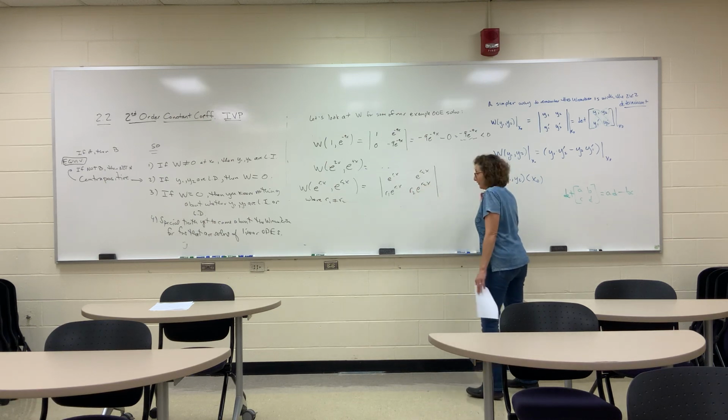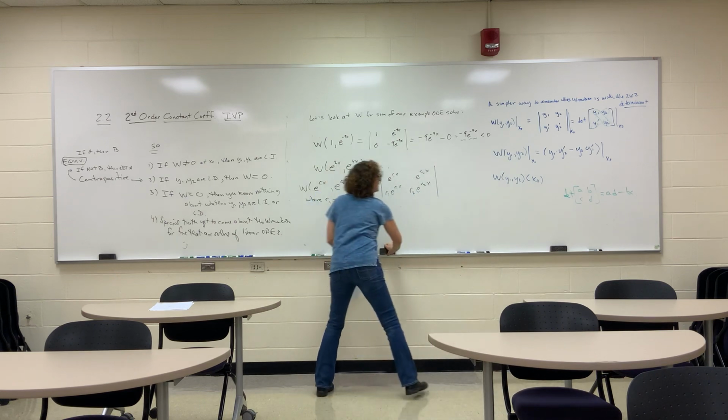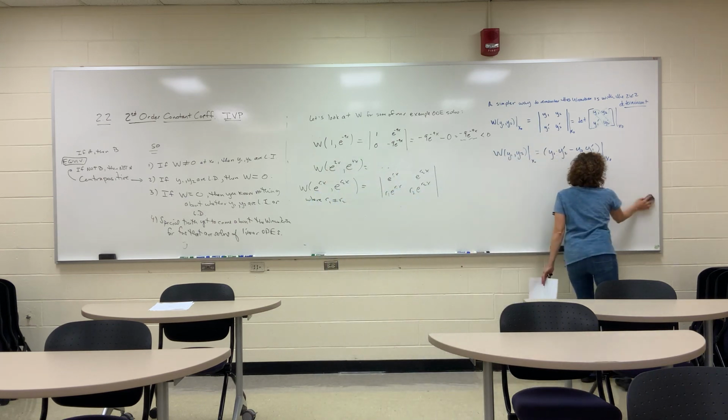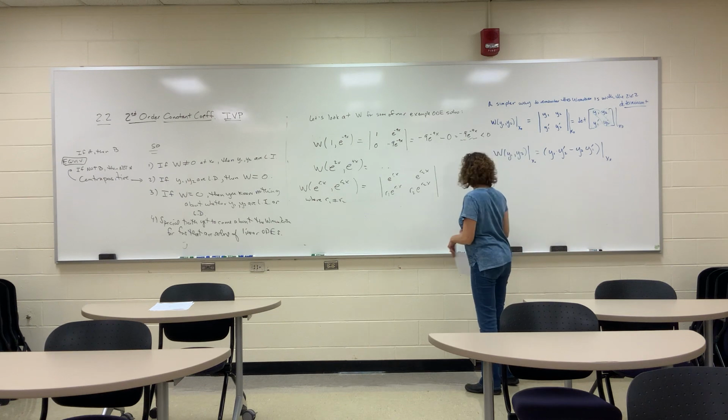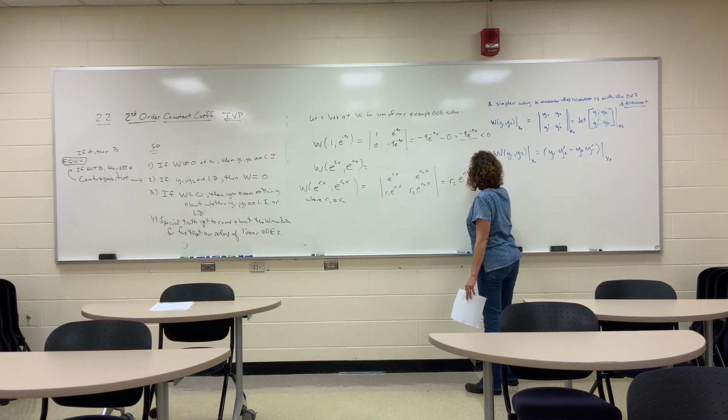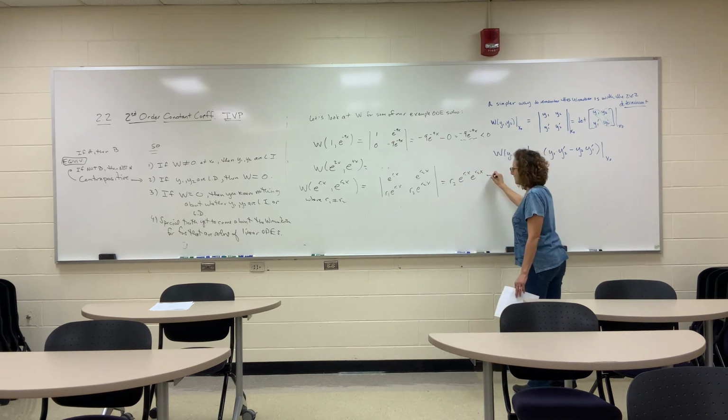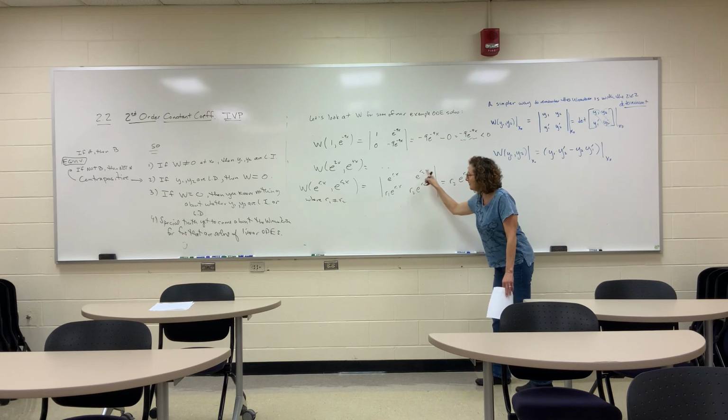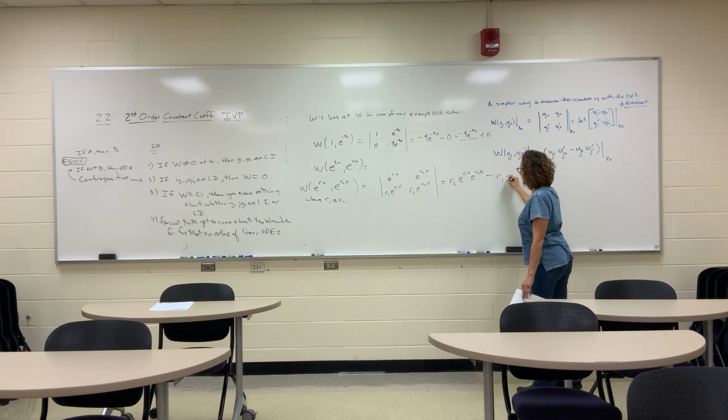If we do that determinant, that factor times that factor gives r2 e to the r1x e to the r2x, minus this product, r1 e to the r1x e to the r2x.